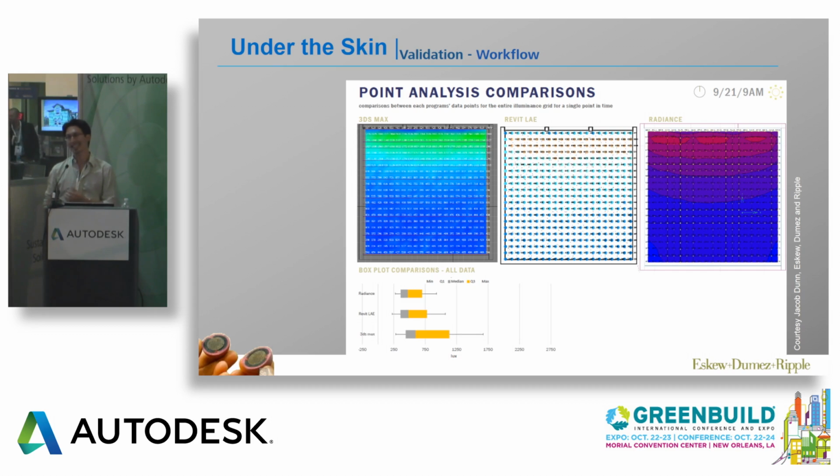How close is that entire field of grid points matching up to what we're seeing from Radiance, what we're seeing from measured values? So there's a lot of different types of comparisons, but the main goal is really to come up with something that gets you enough confidence to be able to say, we should use this tool, we should implement it, because there are these scientific studies and workflow studies that really say that it is within a reasonable margin in terms of accuracy and in terms of workflow.